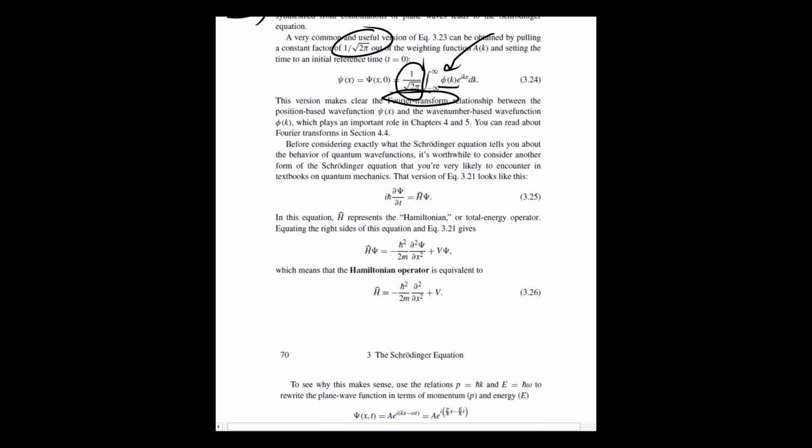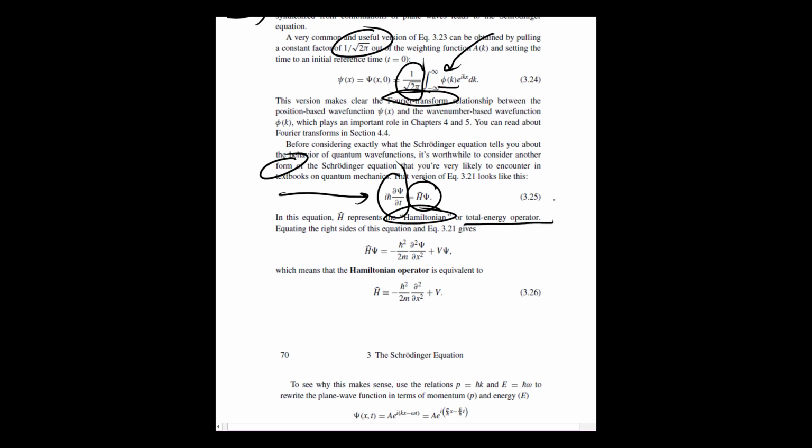So we're going to see what each of these terms means, but before we do that, here's another form of the Schrödinger equation that you're very likely to see. It's on the cover of the book for one thing, and it's got the familiar first time derivative on this side, and on this side, instead of the second spatial derivative and potential energy term, there's an operator, an H with a hat on top of it. What does that mean? That's the Hamiltonian, also called the total energy operator.